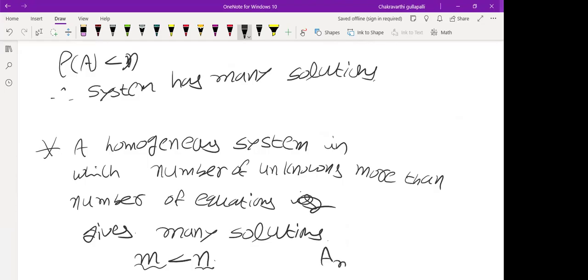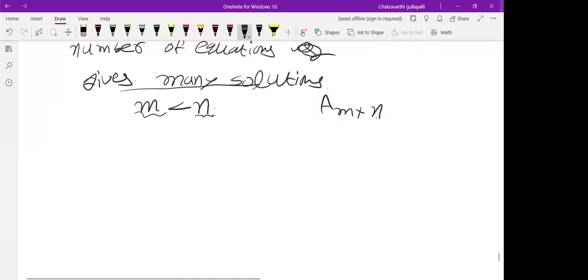That is, if A is an m by n matrix, m is less than n. If m is more than n, we cannot say. If it is less than n, definitely it will have many solutions. If it is equal to n, it may have one solution or many solutions. We don't know; we have to work it out. But if m is less than n, definitely the system will have many solutions.